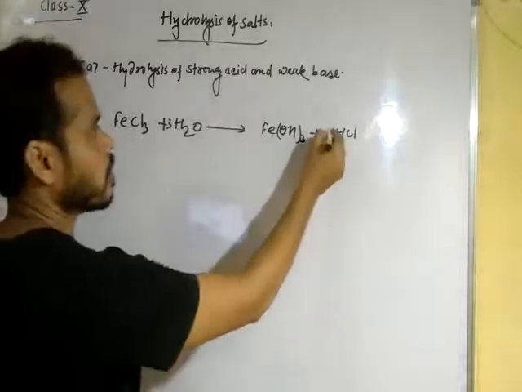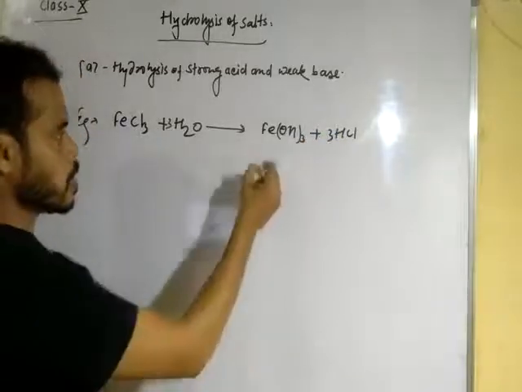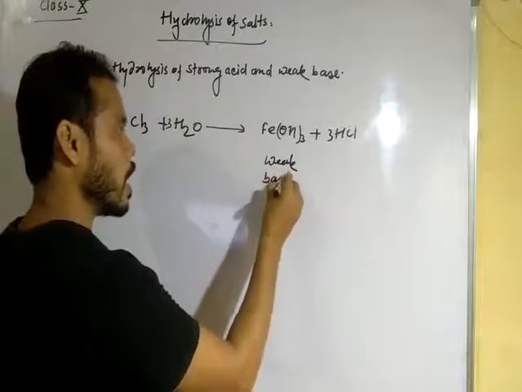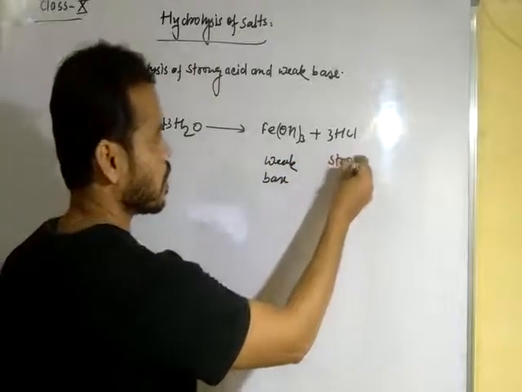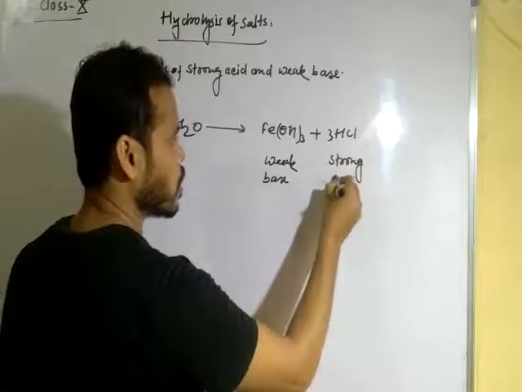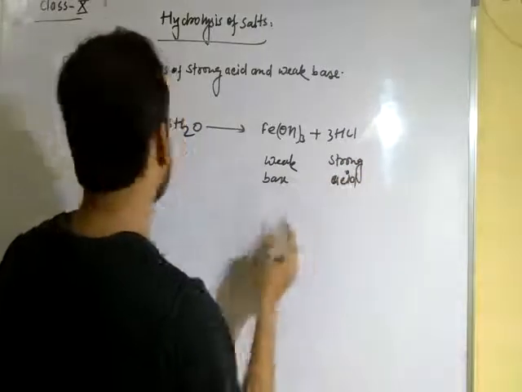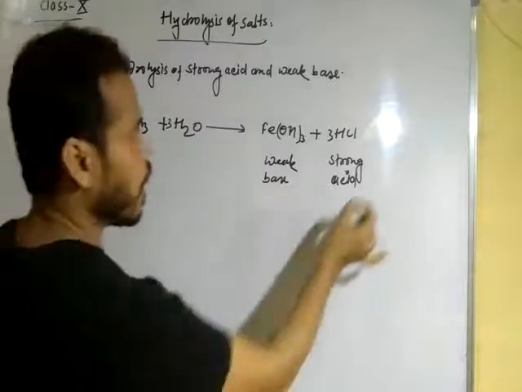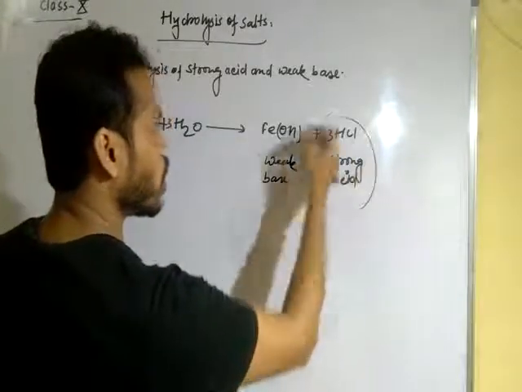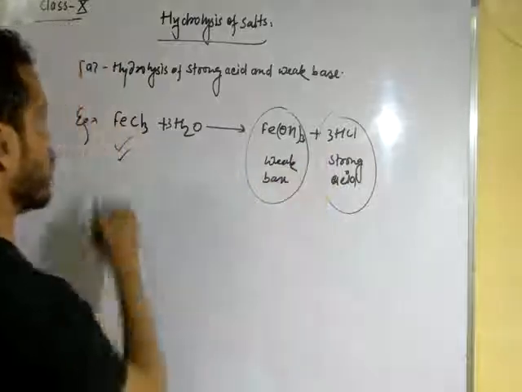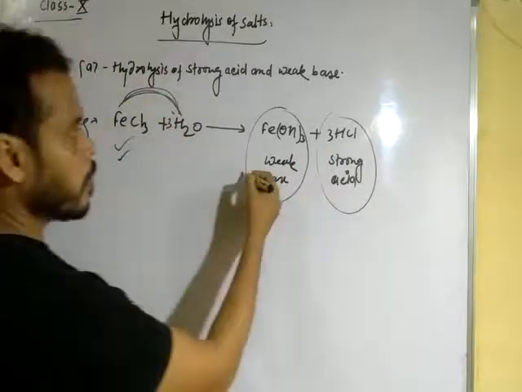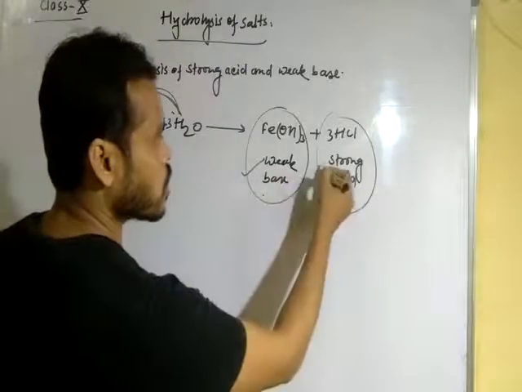Here 3 and 3, 6. Okay, and this is a weak base, and this is a strong acid. That means this salt is formed by combining a strong acid and a weak base, and after dissolving in water it gives a weak base and a strong acid.